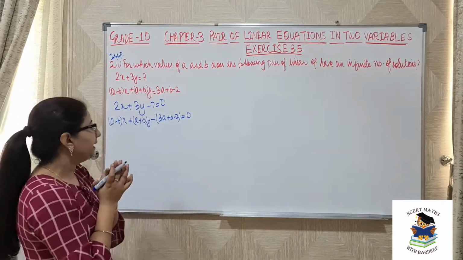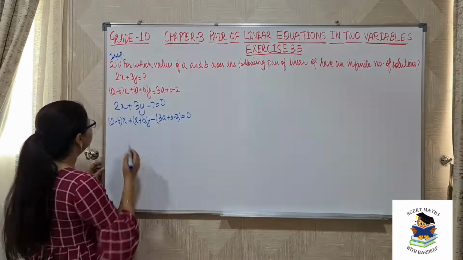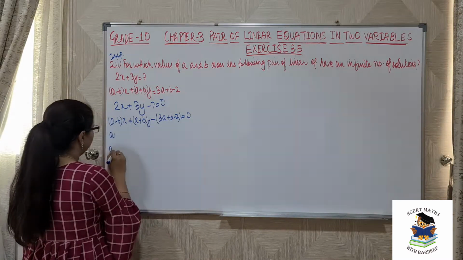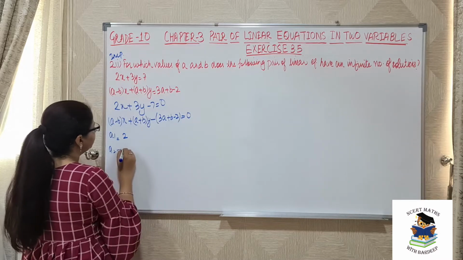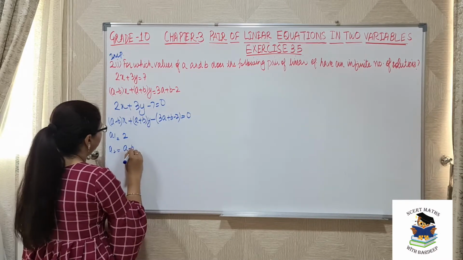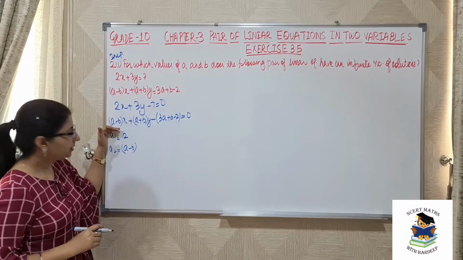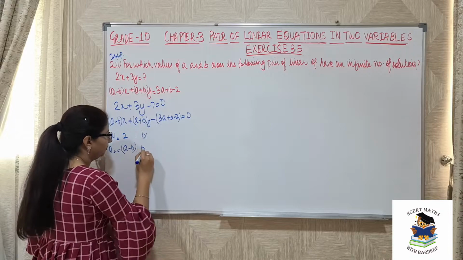So now second thing is we should find their ratios, that is a1, a2, b1, b2. So let's write first. So here what is a1 and a2? a1 is 2 and a2 is (a minus b). Next thing is b1, b2.